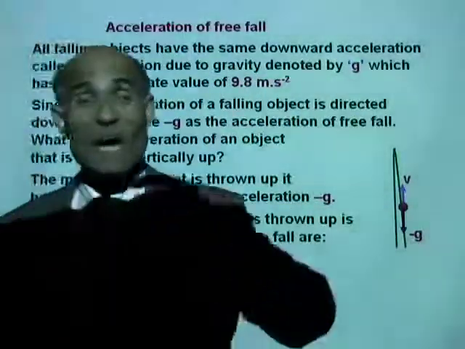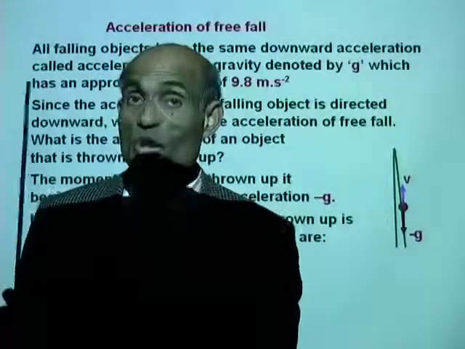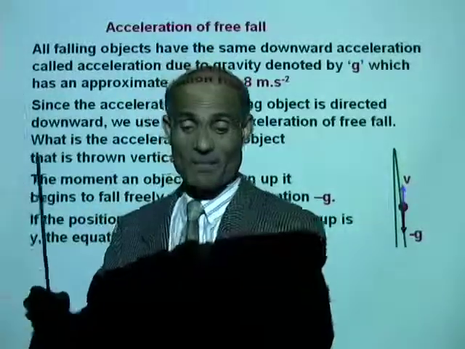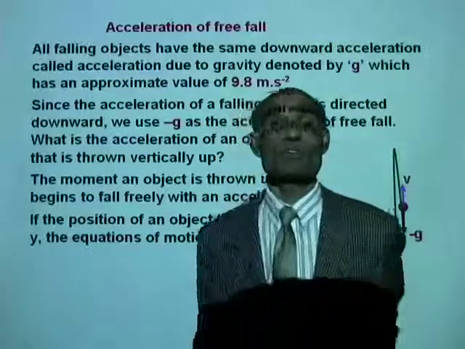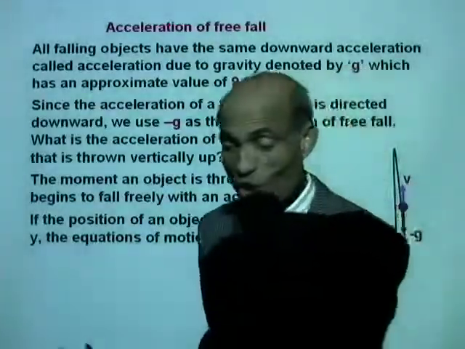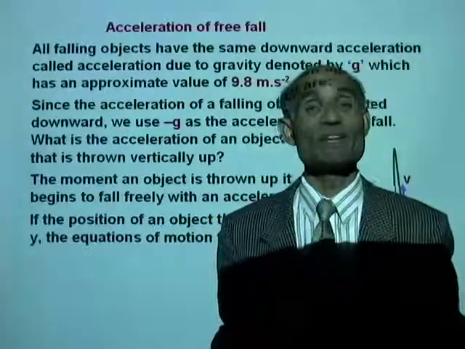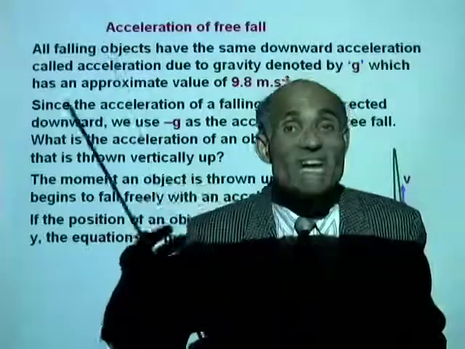Because we are now dealing with vertical motion here, the position will no longer be called x, we will call it y. That means if you now want to construct equations for a freely falling object, we can use the same equations we developed earlier, but we will replace a there by negative g.